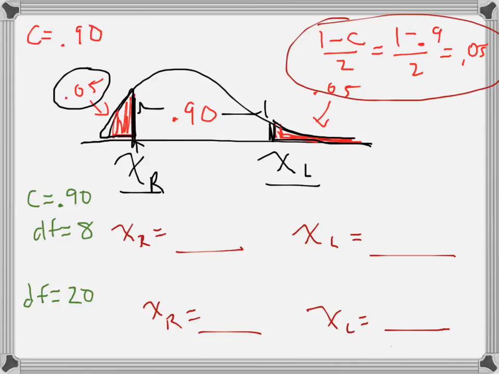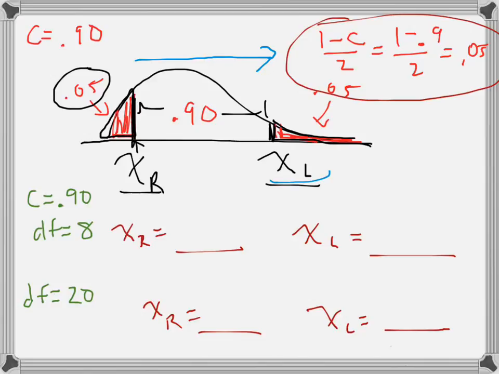But you can in the back of the book, and I will make these tables available for you on the tests and quizzes. In the table in the back of your book, it's table 6 in Appendix B. The way this table works is it gives you all the area to the right of a particular value instead of to the left like we're used to.